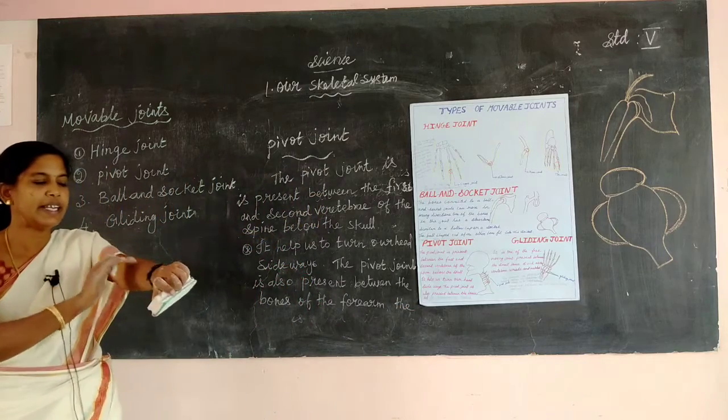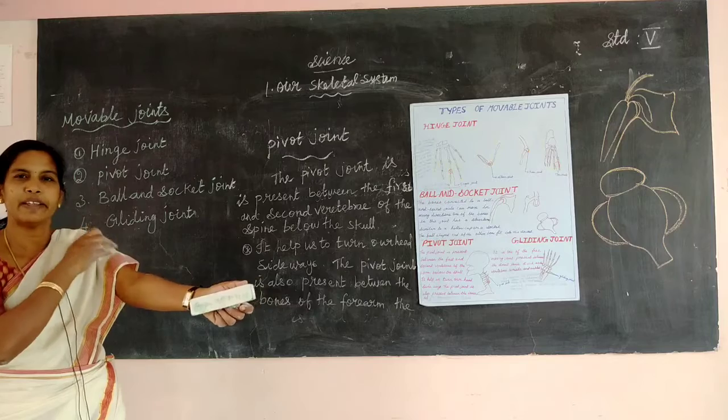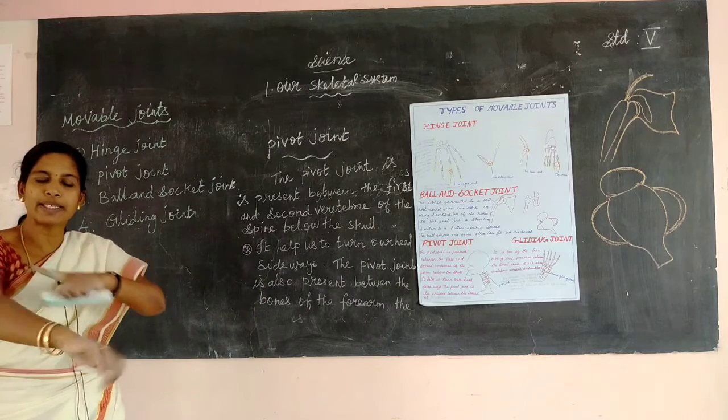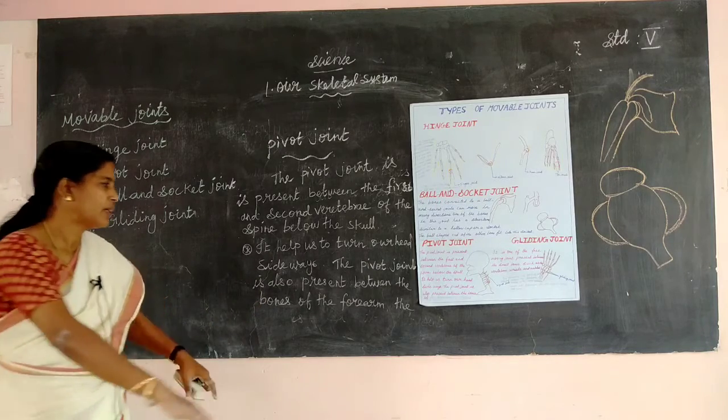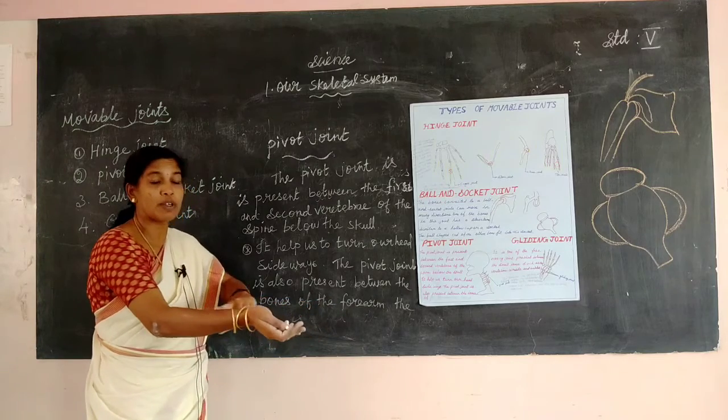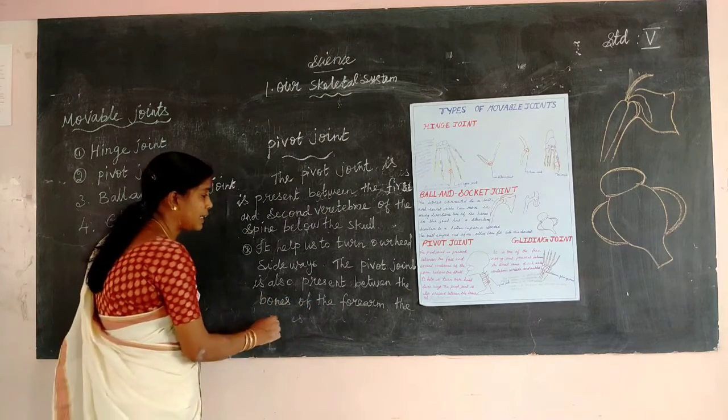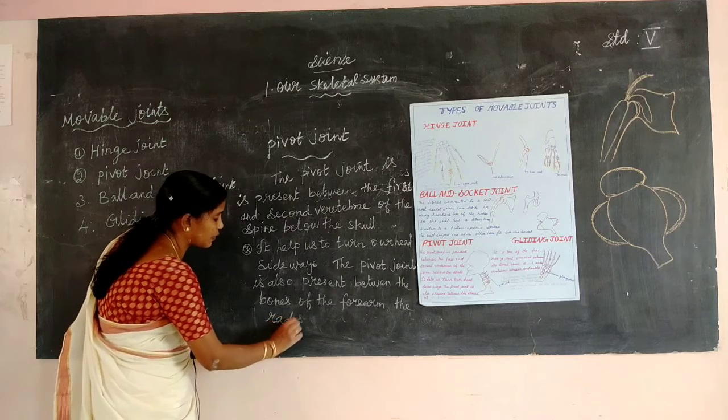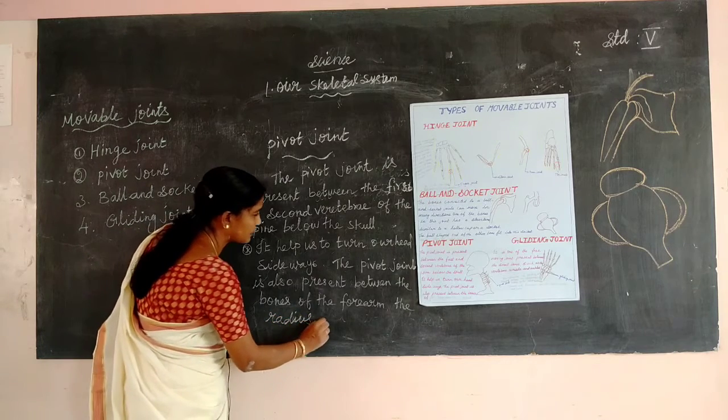Forearmல உள்ளது இது radius, ulna. இது humerus, கையில மேல. Forearmல இருக்கிறது radius and ulna. Also pivot joint.